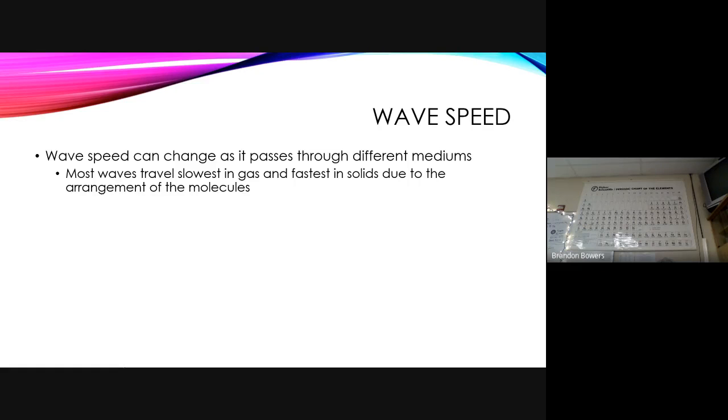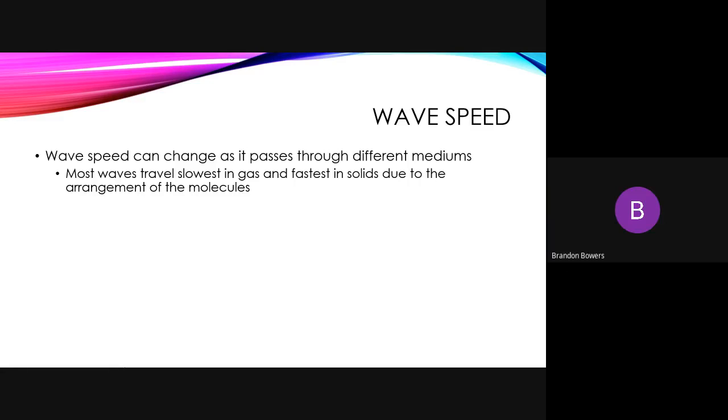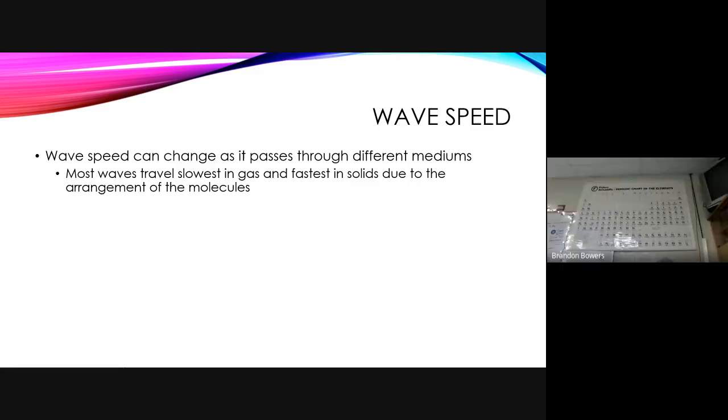All right. So in a gas, the molecules are kind of spread out and they fly everywhere. But if you look at a solid, like an ice cube, they're all really close to each other.